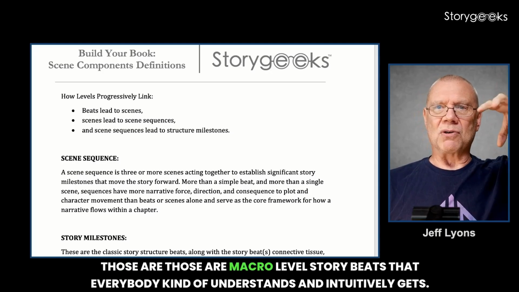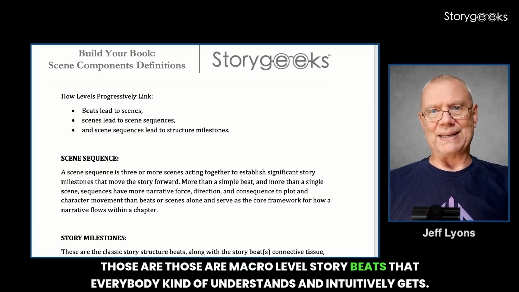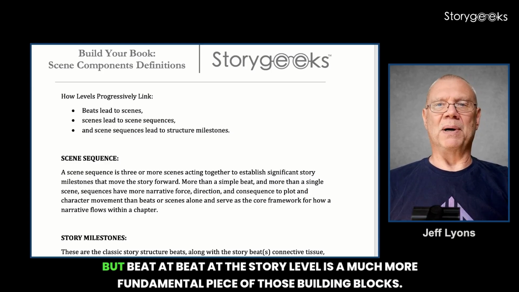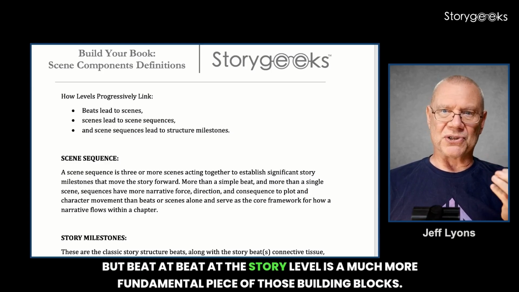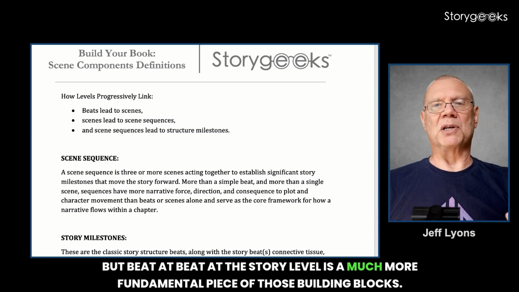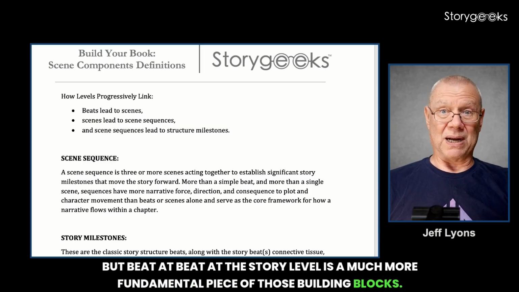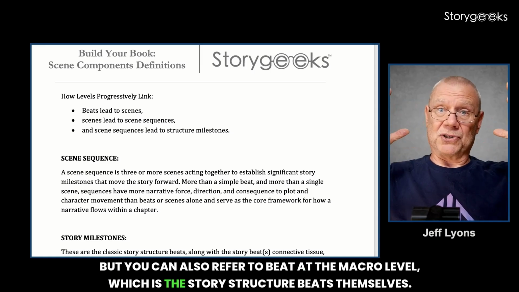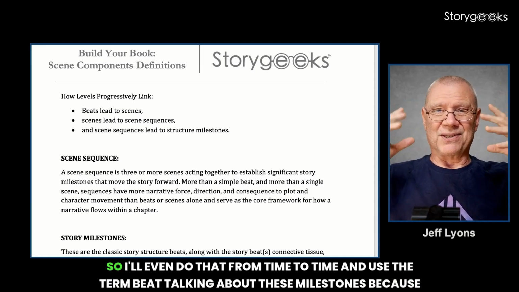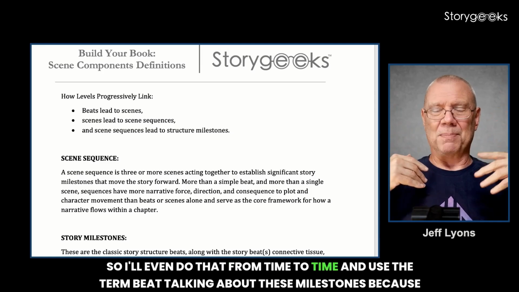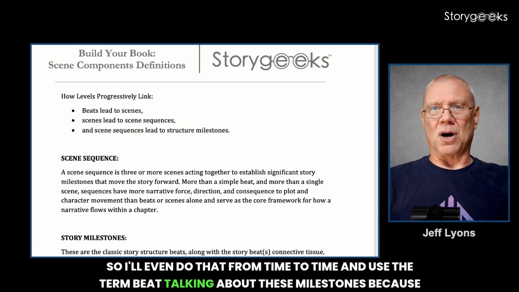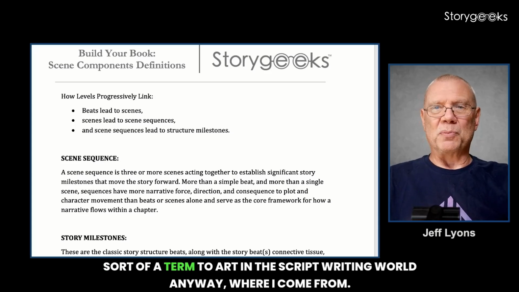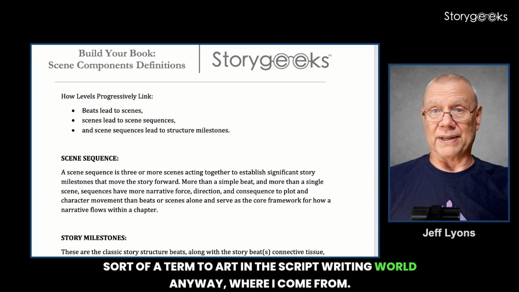Those are macro level story beats that everybody kind of understands and intuitively gets. But beat at the story level is a much more fundamental piece of those building blocks. But you can also refer to beat at the macro level, which is the story structure beats themselves. So I'll even do that from time to time and use the term beat talking about these milestones because it's sort of a term of art in the script writing world anyway, where I come from.